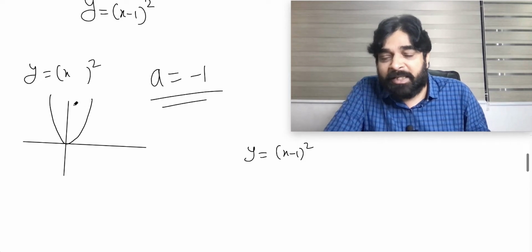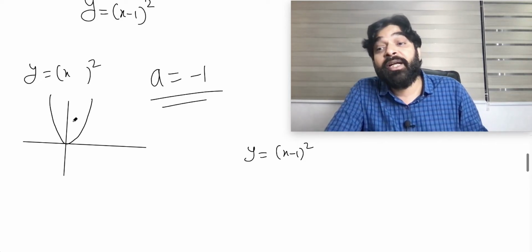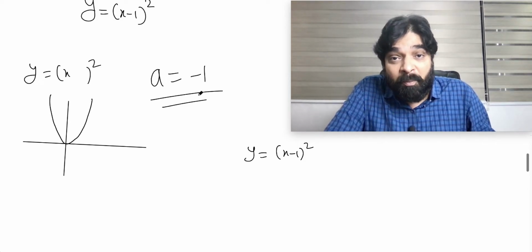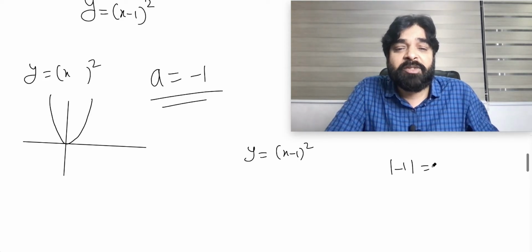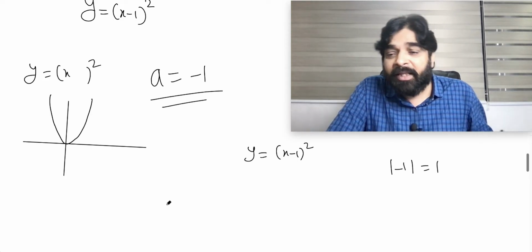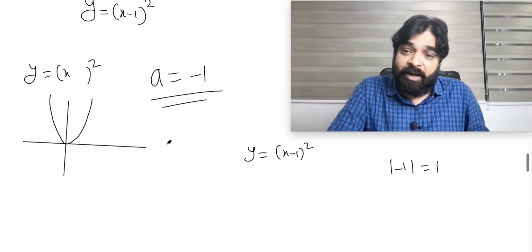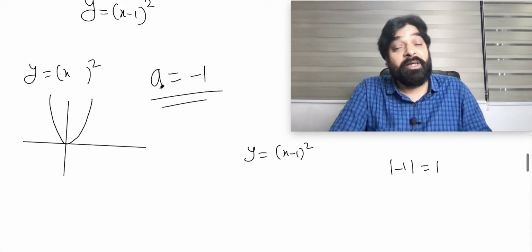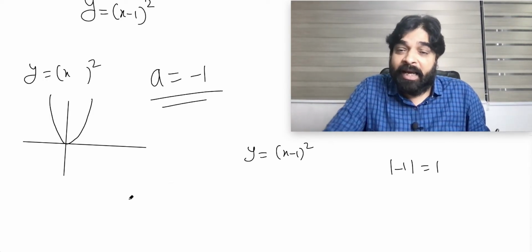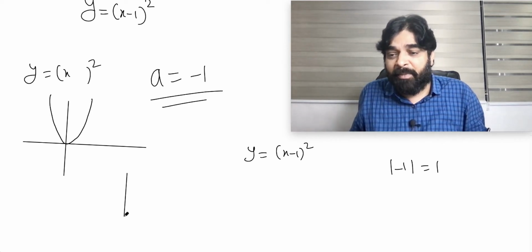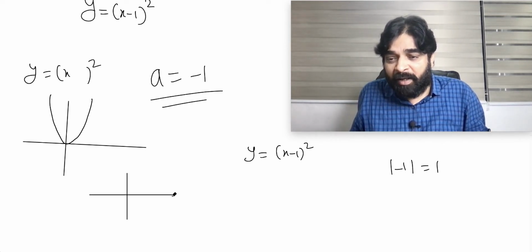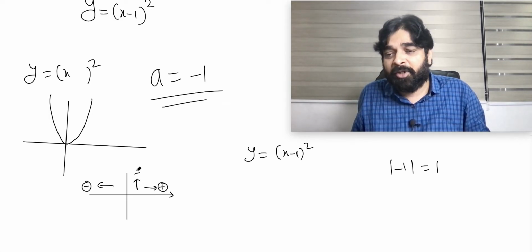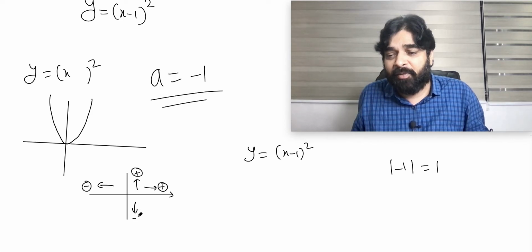I have to displace this graph by how many units? Mod minus 1 means 1 unit, in the opposite direction of a. What is the sign of a? Negative. So we will displace in the positive direction along the x-axis. Remember, in this coordinate axis, this is the positive x-axis direction, this is the negative x-axis direction, this is the positive y-axis direction, this is the negative y-axis direction.